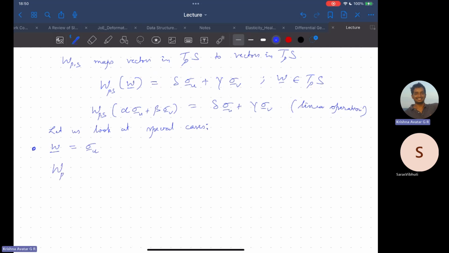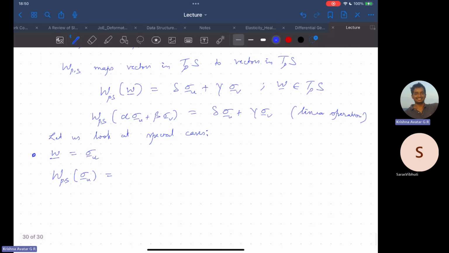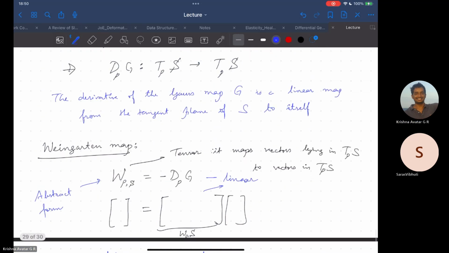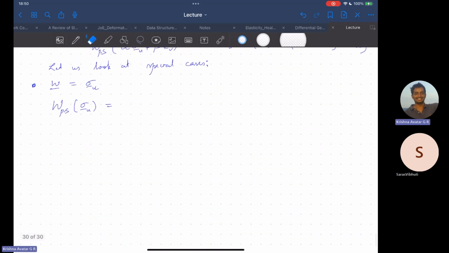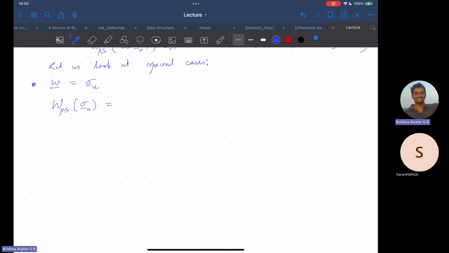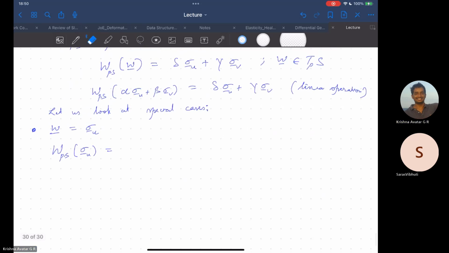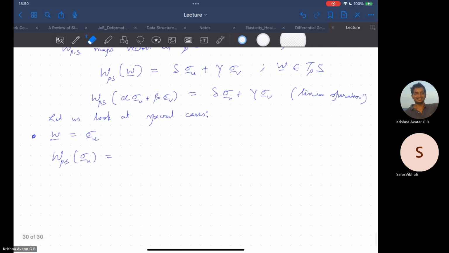Then in that case, the Weingarten map of sigma_u. Now the Weingarten map has some abstract form, but you know that it's related to something else. It was related to the derivative of the Gauss map. So this is equivalent to saying that I want to vary sigma_u along certain directions.